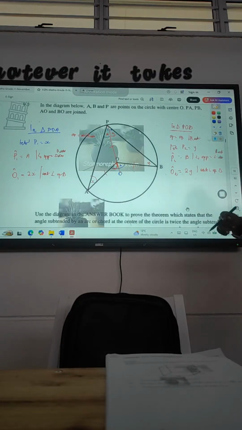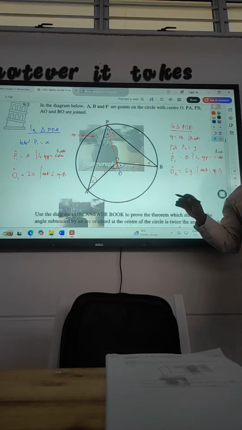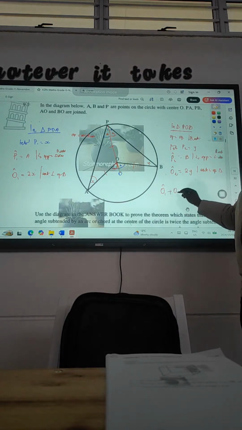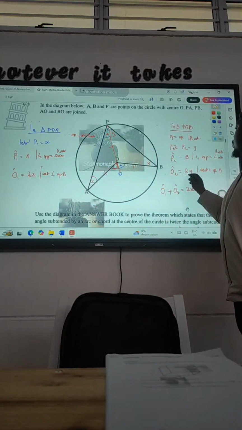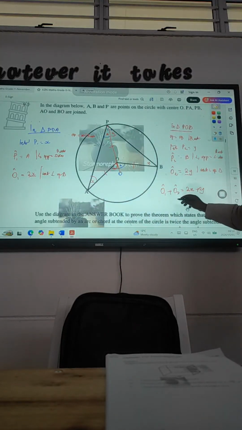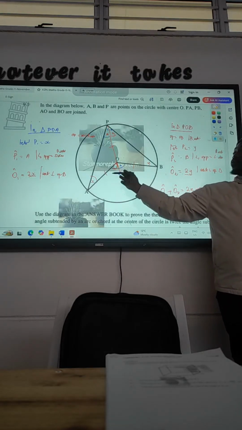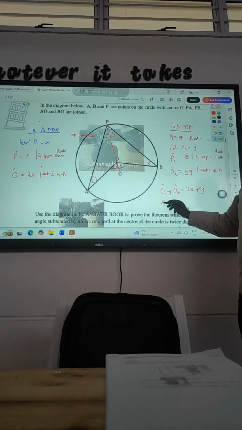We're just making sure that everybody is on par. We have mastered this proof, né? But we're just making sure. And then when you add O1 plus O2, they need to give you 2x plus 2y, because you said O1 is 2x and O2 is 2y. We take out the common factor, but when you look at O1 plus O2, it is this whole angle, which was named AOB.